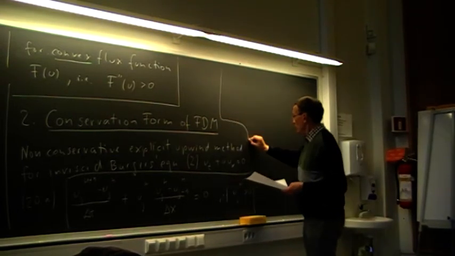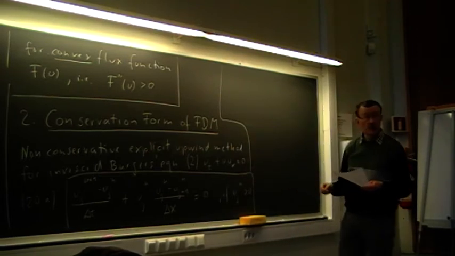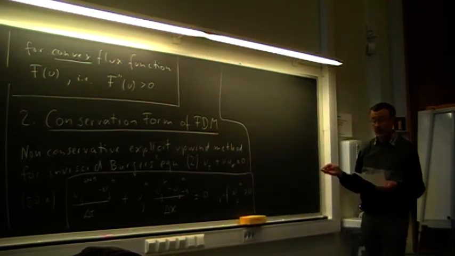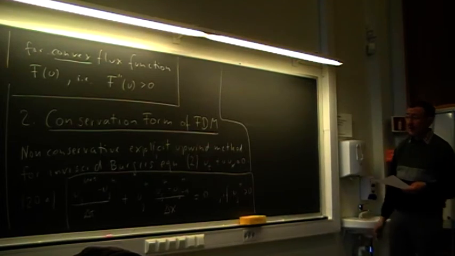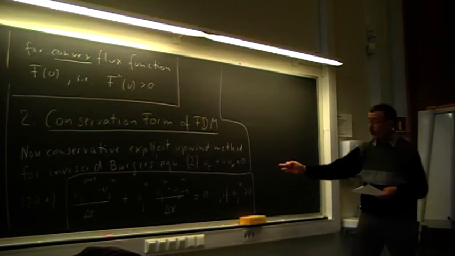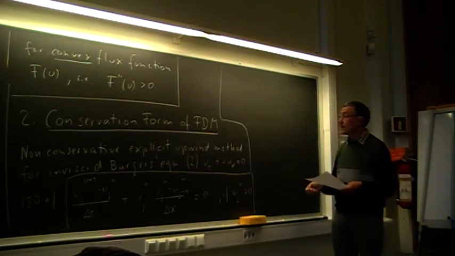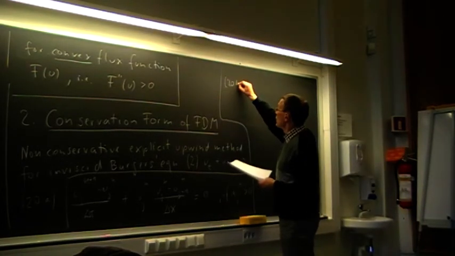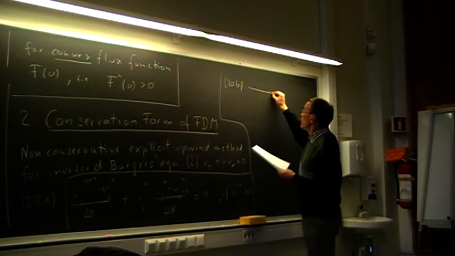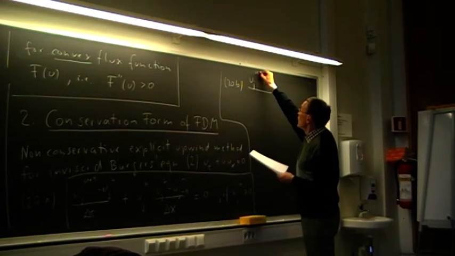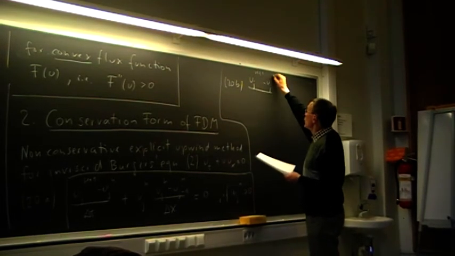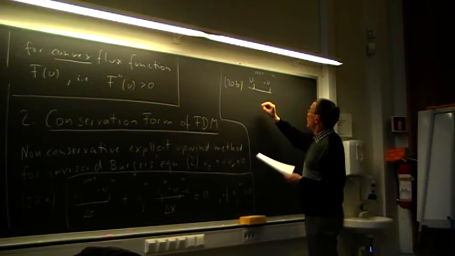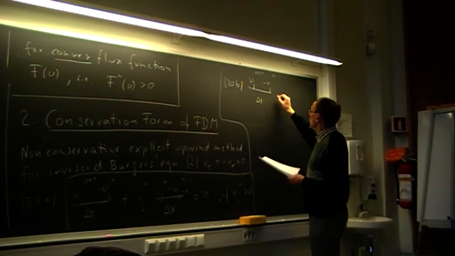If we have, however, u_j negative, we have to take the discretization of the du/dx from the right. Then the wind is blowing from the right. So that would be the other option. We would again have the same time discretization, u_j^{n+1} minus u_j^n divided by delta t.